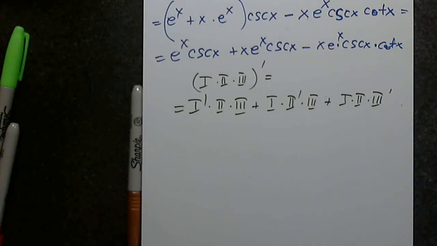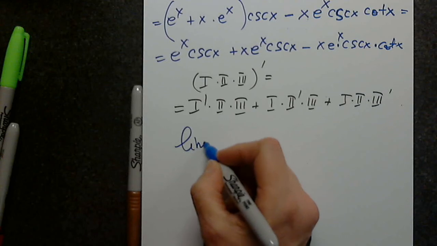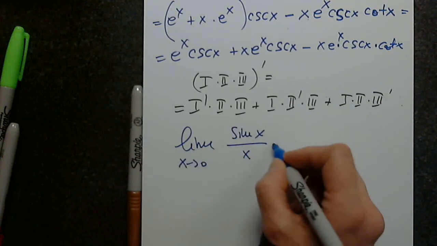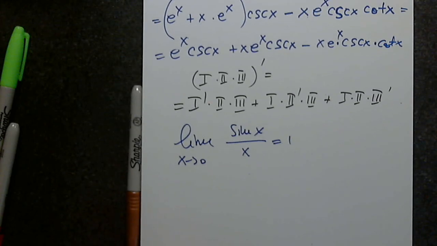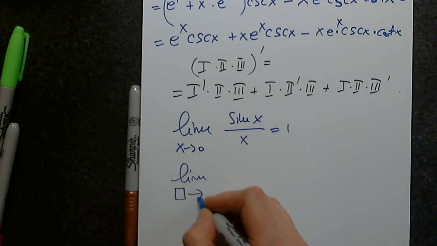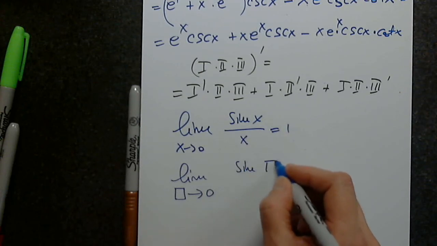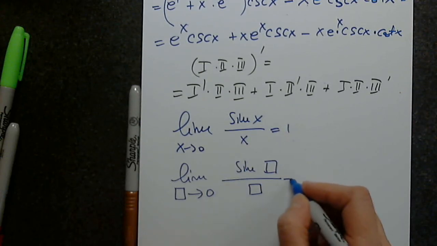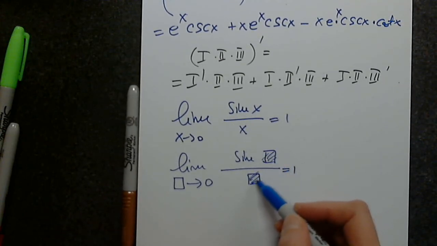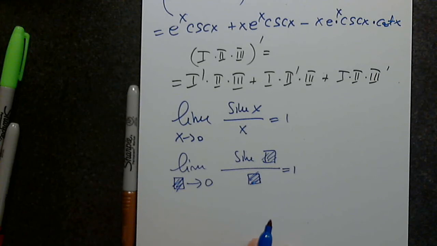Okay, so now let's look at these limits. Again, we already talked about this limit. It needs to be looked at like this, as long as these three pieces are identical and it approaches 0.